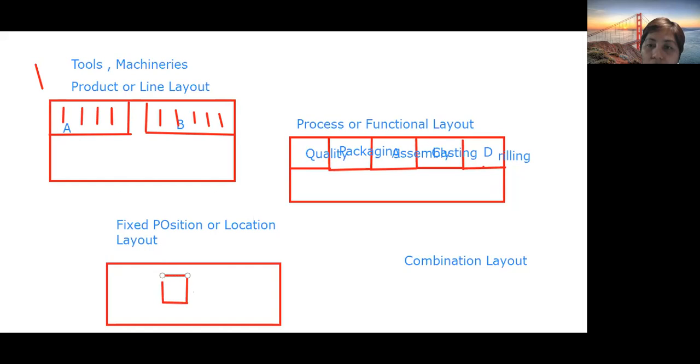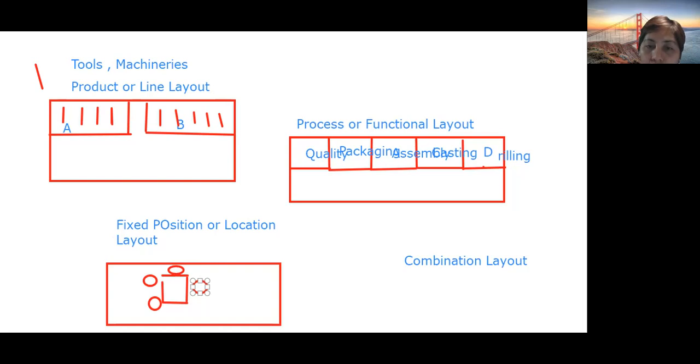So everything is in one place. For example, quality, packaging, assembly, drilling. Again, especially if the machineries to be used are too heavy.